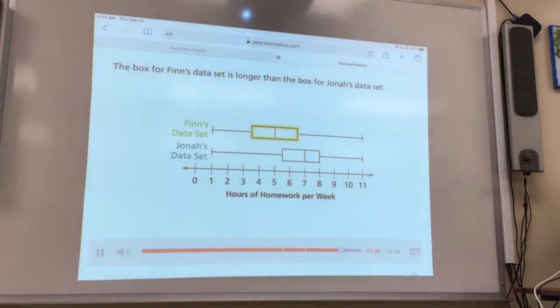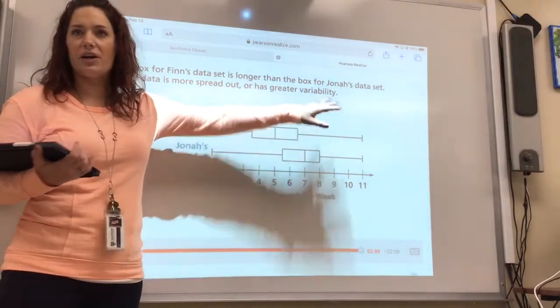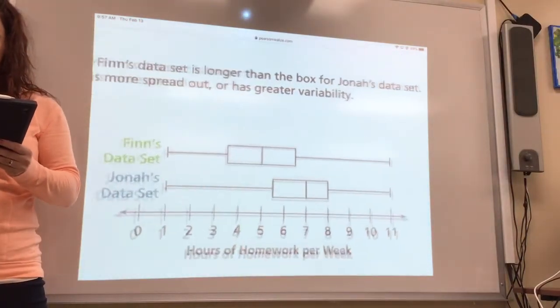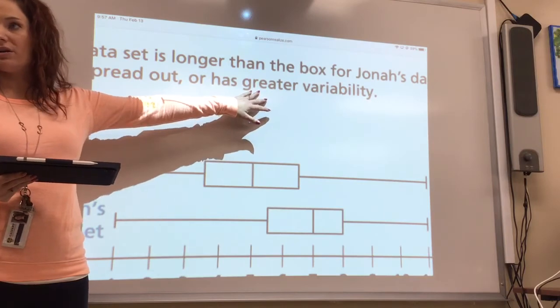Let's finish up with what he's saying. The box for Finn's data set is longer than the box for Jonah's data set. So Finn can say that his data is more spread out or has greater variability. Okay, so new vocabulary term. I want you to write this down as the first thing for today. It's this right here, greater variability. Those two words, greater variability.